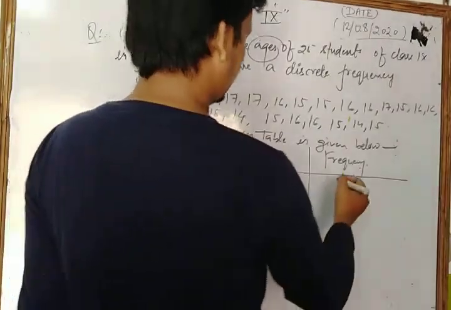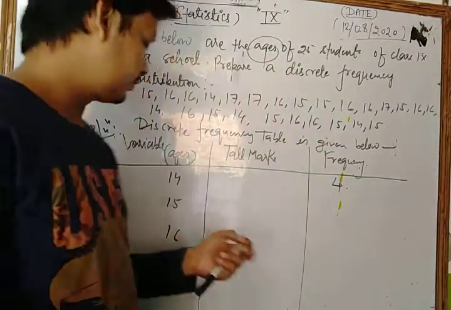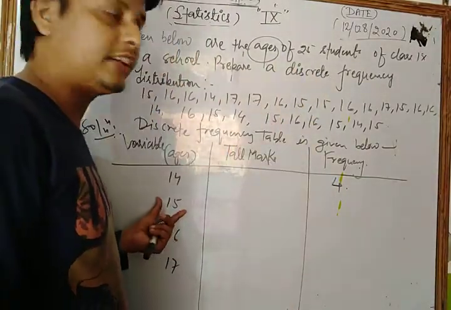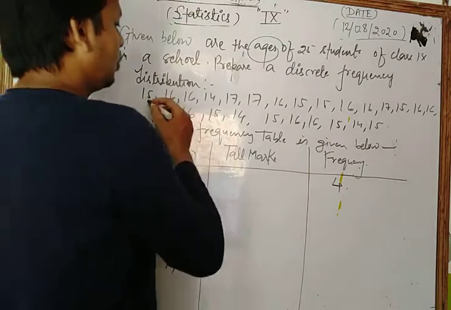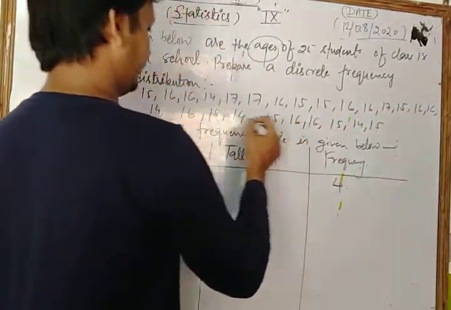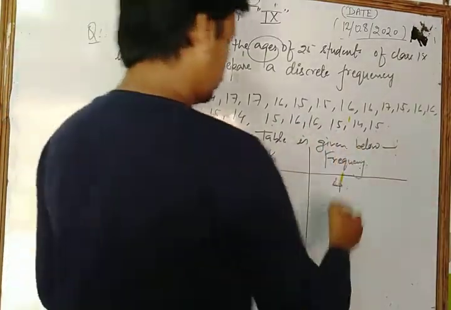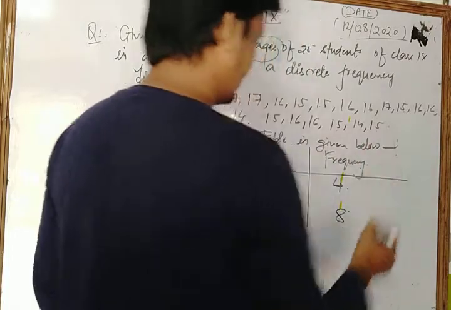So here that is 4. Now how many students of that group have the age of 15 years? Let's count: 1, 2, 3, 4, 5, 6, 7, 8 students. 8 students of 15 years in that group. So here we write 8.